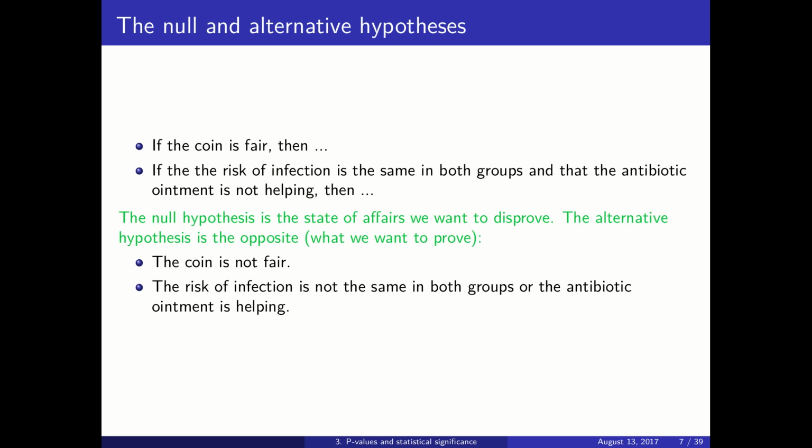You can never prove that the null hypothesis is true. What you can do is reject the null hypothesis. And if you reject it, then the alternative is that the coin is not fair, or the risk of infection is not the same in both groups.